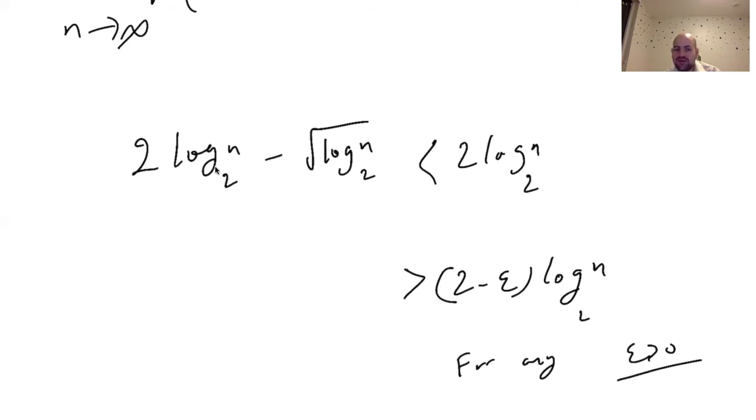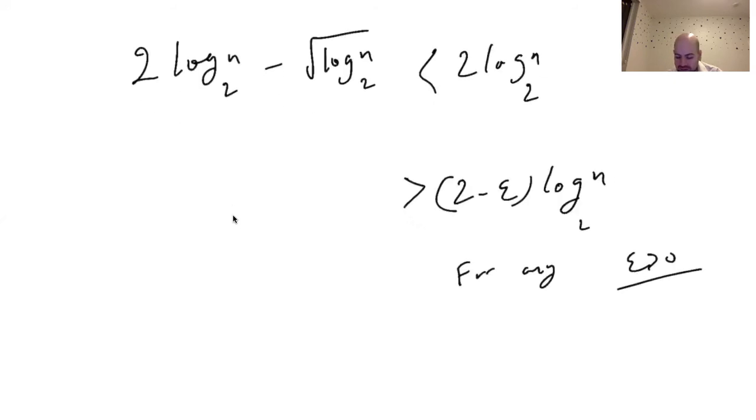But for 2 minus epsilon log n, what is deducted from 2 log n is epsilon log n, which is bigger than root log n. So the deduction here is more, which means this whole term becomes smaller compared to this term. Of course, for large enough n, right?